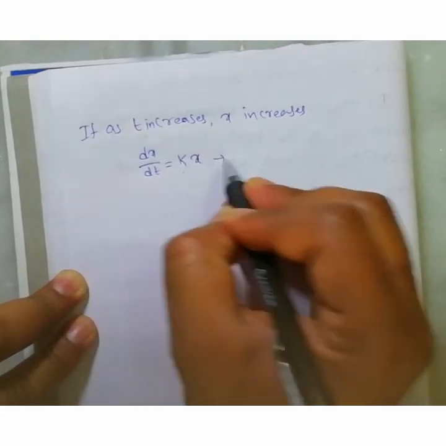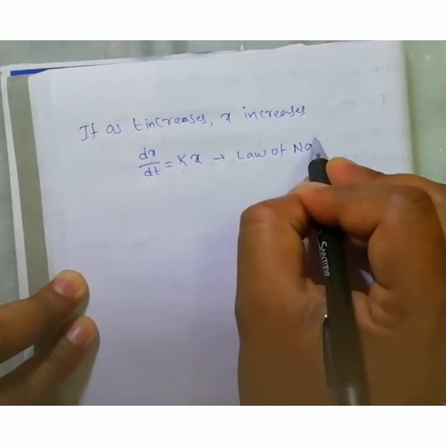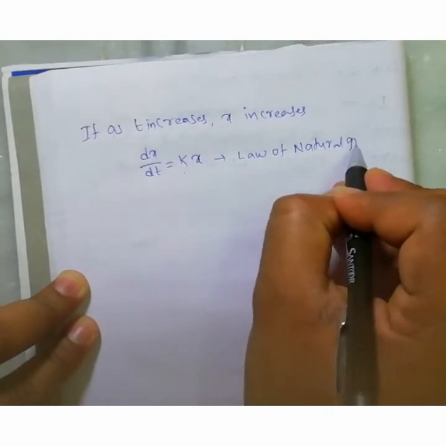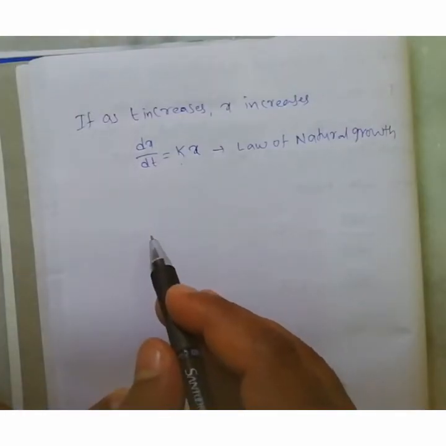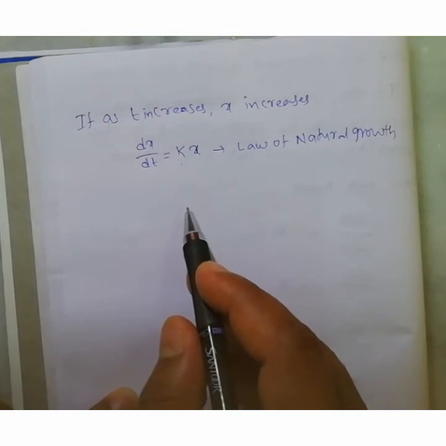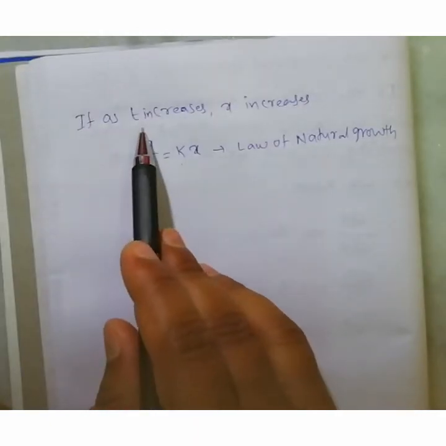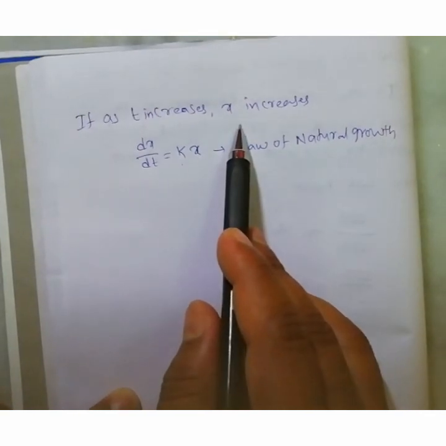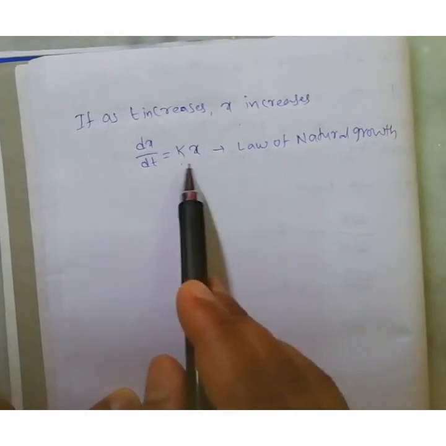This is called the law of natural growth. So a very simple example. The best example for the law of natural growth is population growth. When t increases, x also increases here. So that's why the best example for the law of natural growth is population growth.